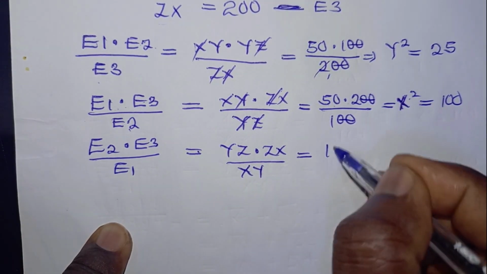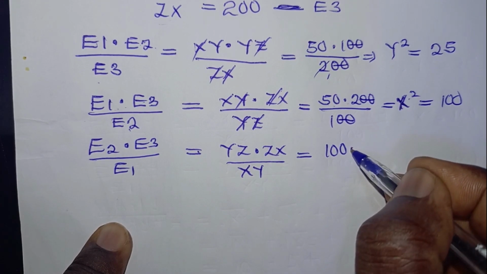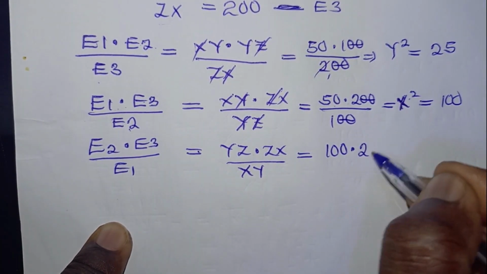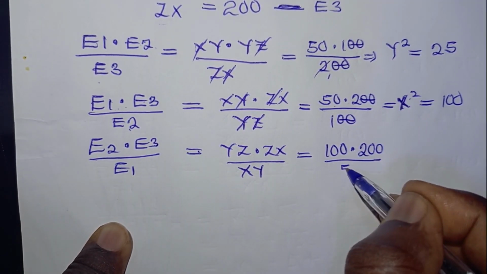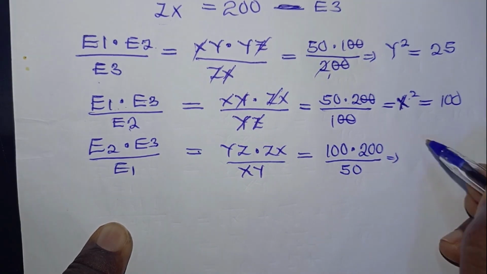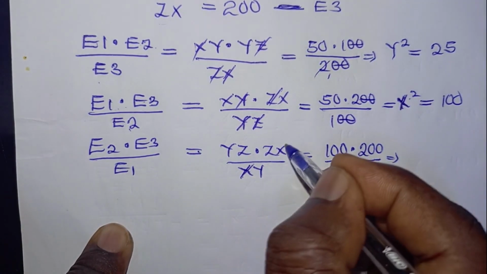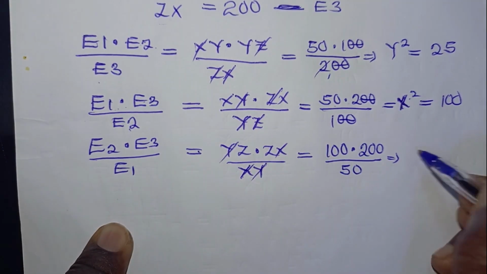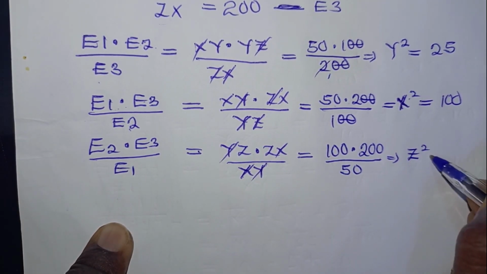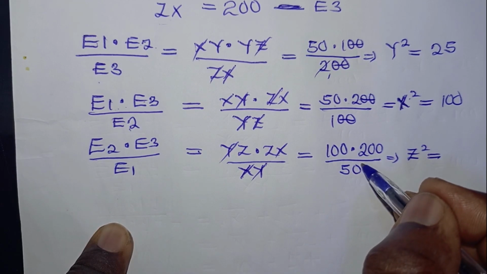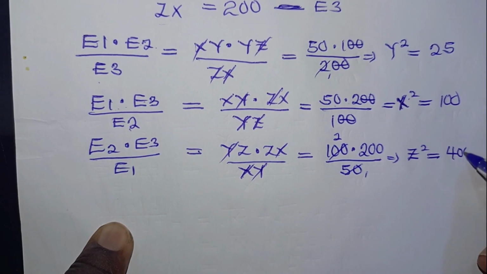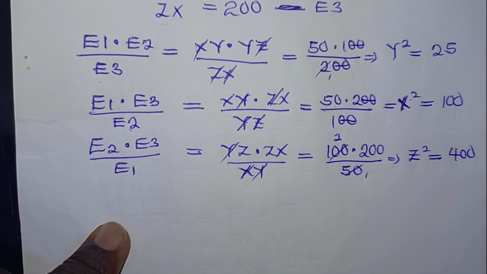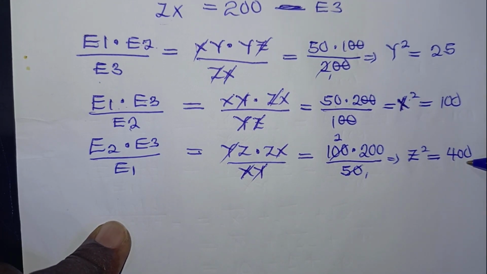YZ is 100 multiplied by zx, which is 200, divided by xy, which is 50. So x cancels x, y cancels y, then we have z squared equals 400. So we have found y squared, x squared, and z squared.